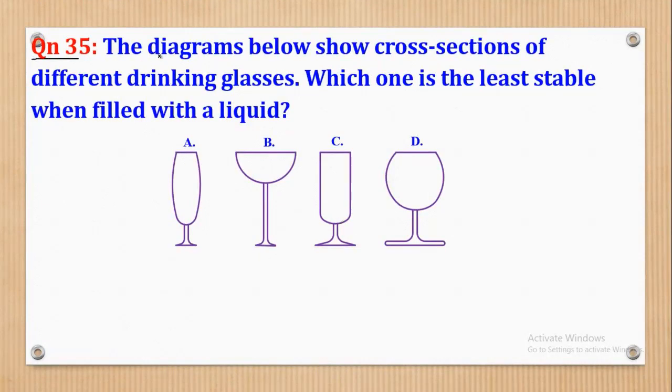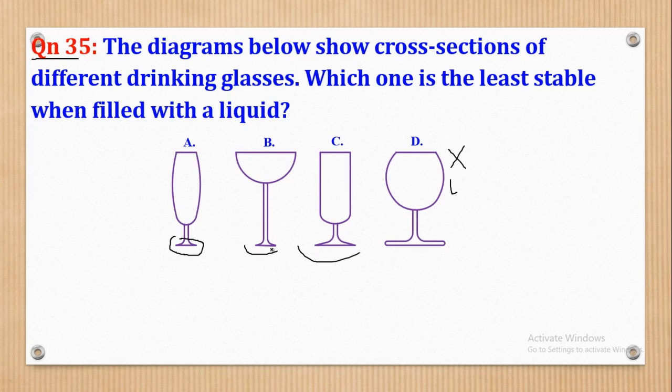It says, the diagrams below show cross sections of different drinking glasses. Which one is the least stable when full with a liquid? First of all, stability also depends on what is supporting. If you look at these supports, this is the widest, so it is more stable, but they want the one which is least stable, so this is not okay.